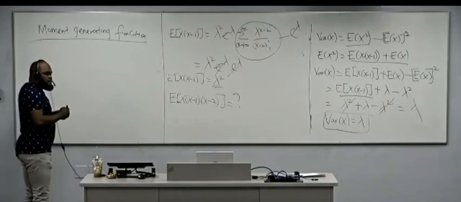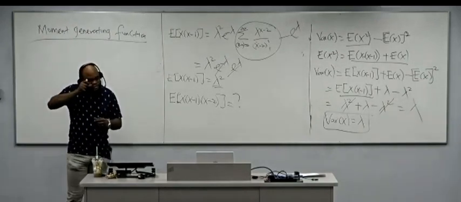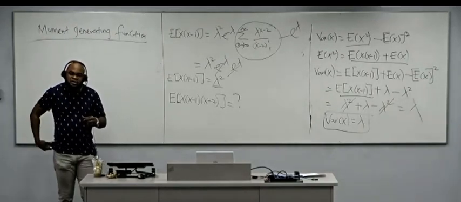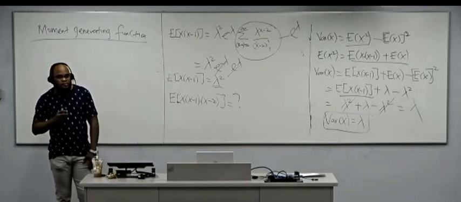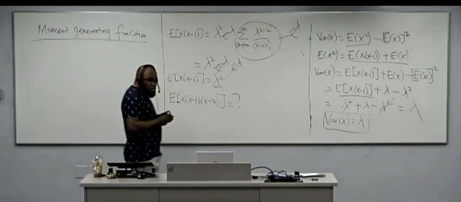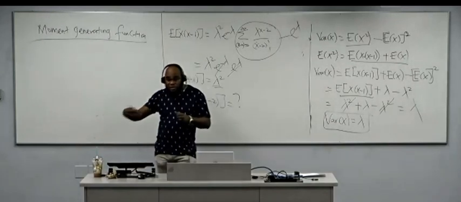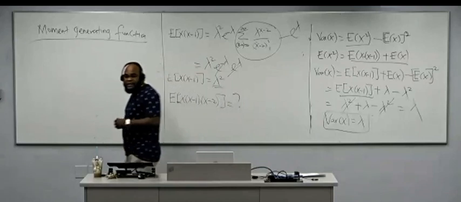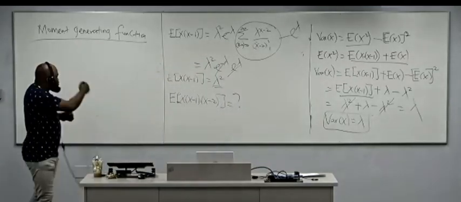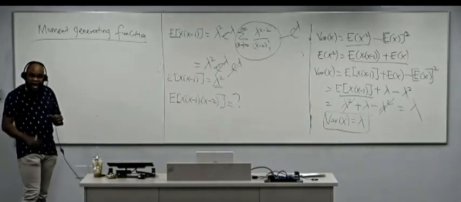If I have a random variable x that comes from any of the discrete type probability distributions, it could be Bernoulli, binomial, negative binomial, and so on, of course the moment generating function can be derived.